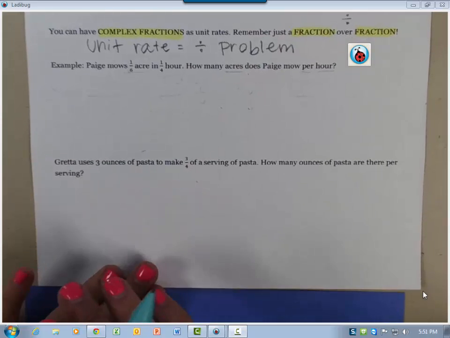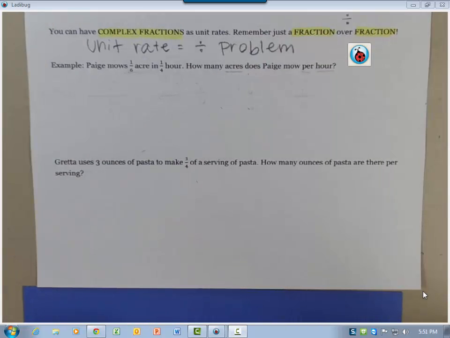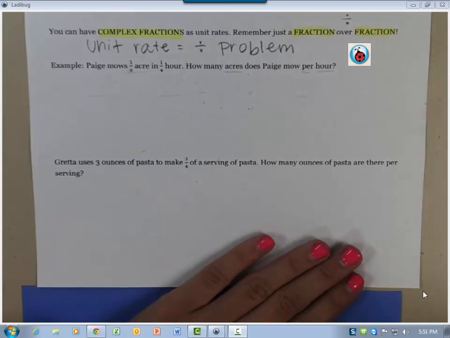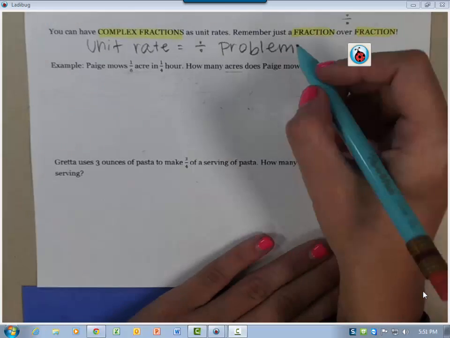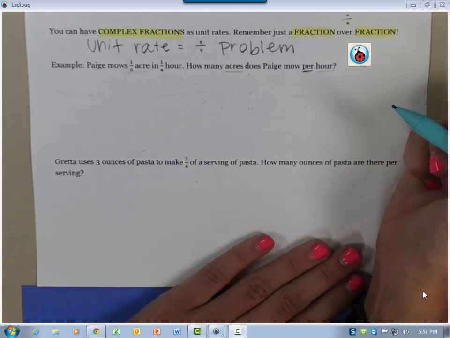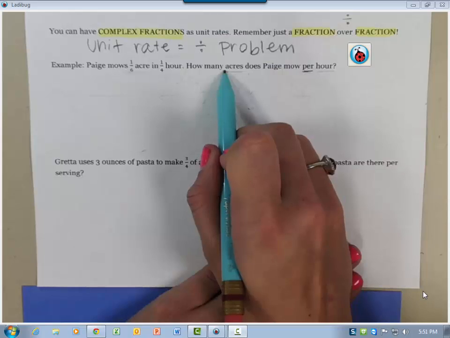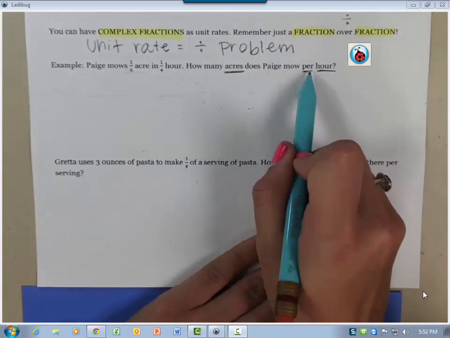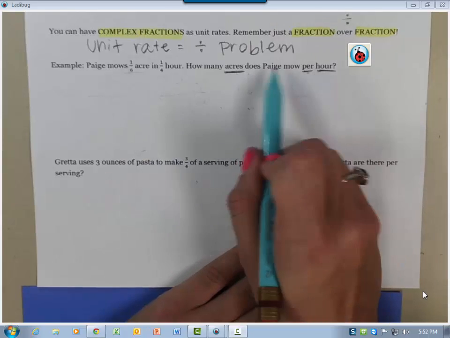Alright, it says, Paige mows 1/6 acres in 1/4 hours. How many acres does Paige mow per hour? Well, first thing I want you to do is when you see that word per, you know you're going to do what? Good, you know you're going to divide. I know I'm going to do acres divided by hours. After you find per, you need to find your two items that you're talking about.